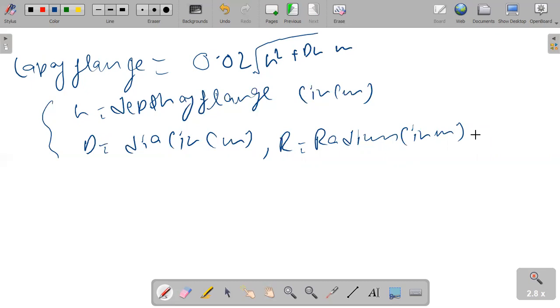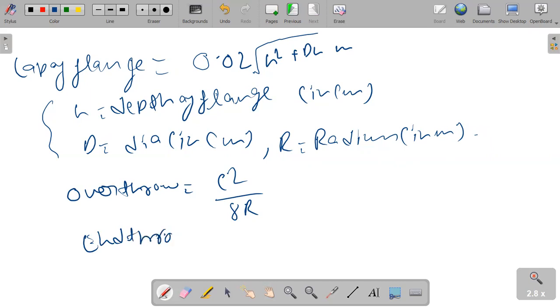And two basic theoretical, numeric things: overthrow and end throw. The basic formula for overthrow is c square by 8r, and for end throw the formula is l square minus c square by 8r, where c is the total amount of wheelbase.